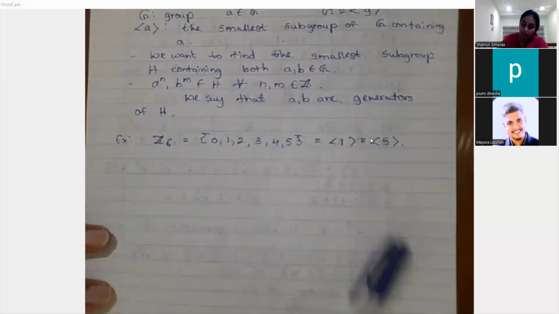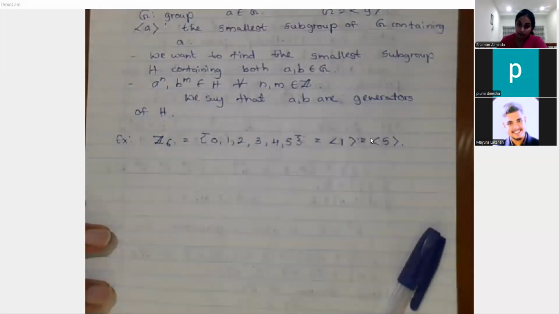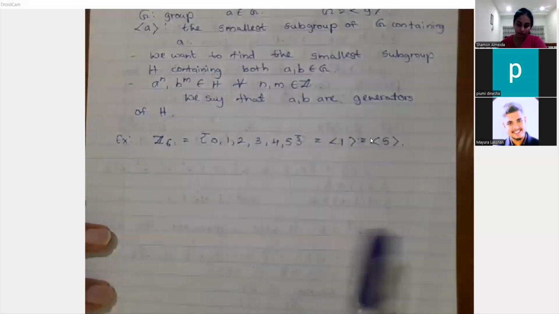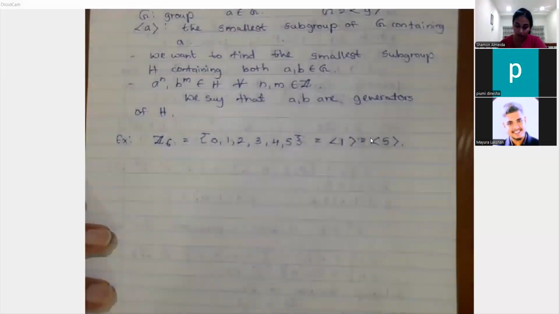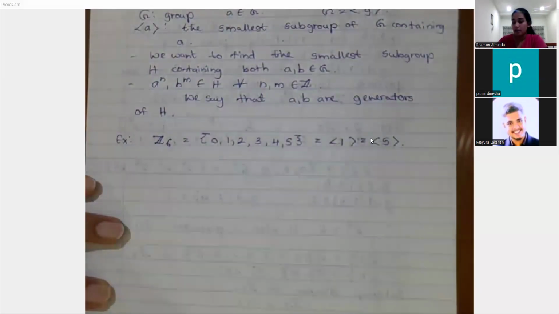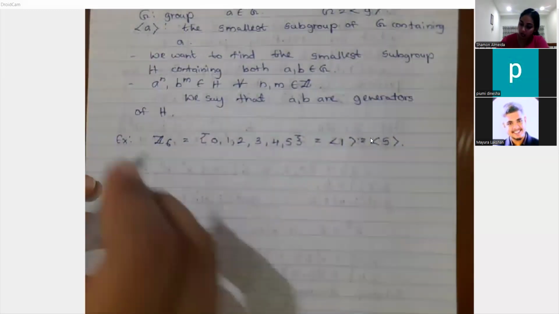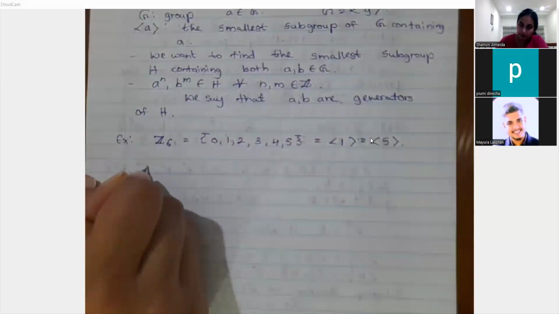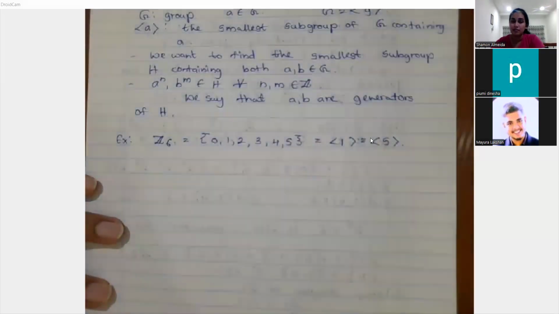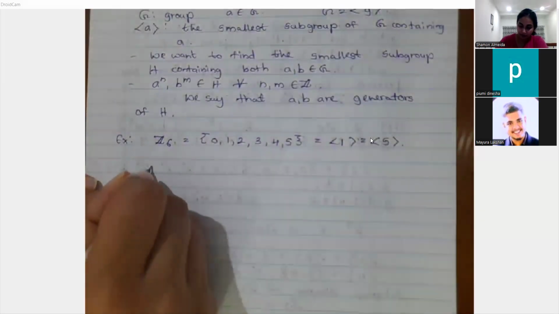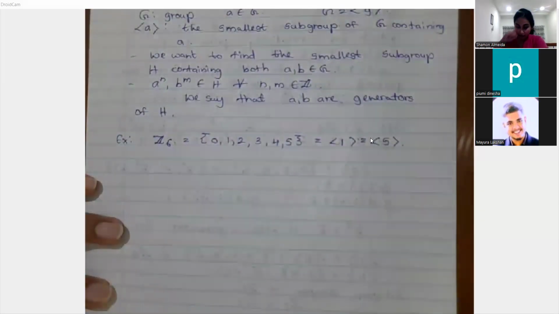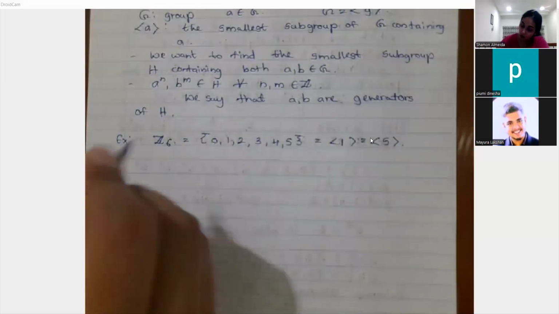Now, going back to generating sets, right? More than one element. Why did you say that you have generators 2 and 3? How would you justify that answer? Okay, let's go over that.